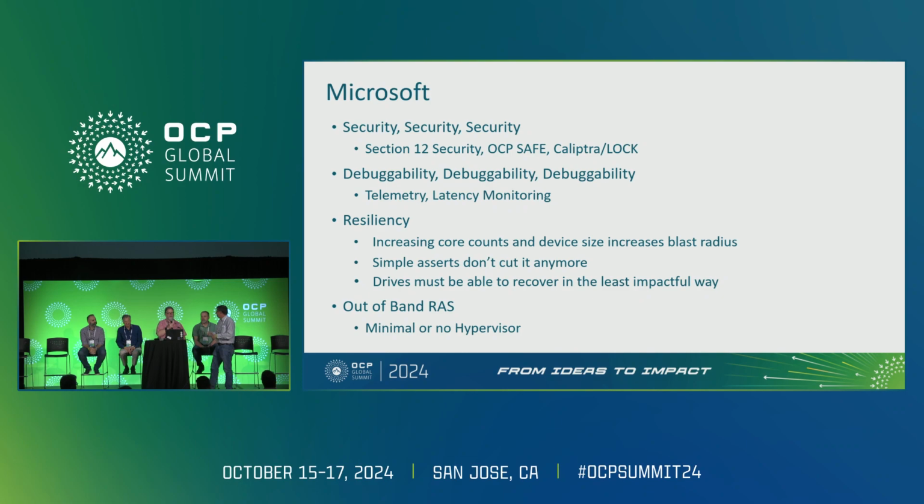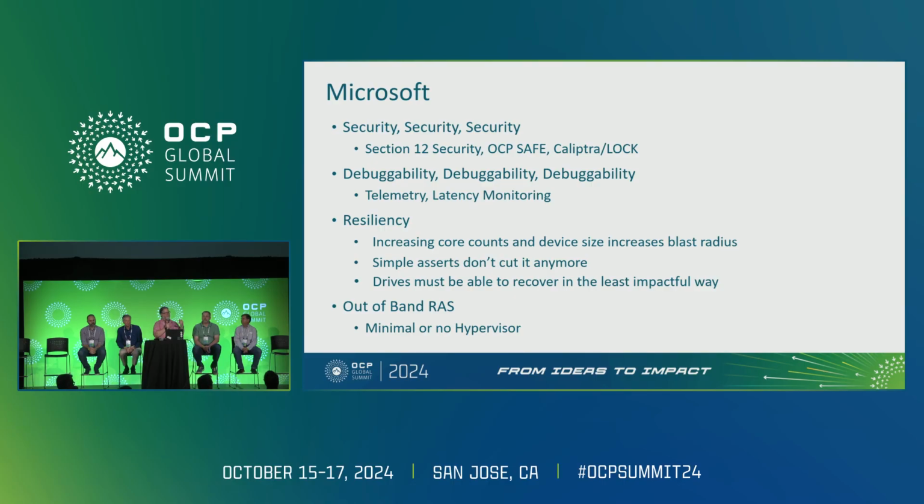Back to Lee. From our Azure perspective, security. I can't stress that enough. Section 12 of the security section, please go read through that very detailed. All the things that we're doing with Safe and now with Calyptra and Lock are super important.